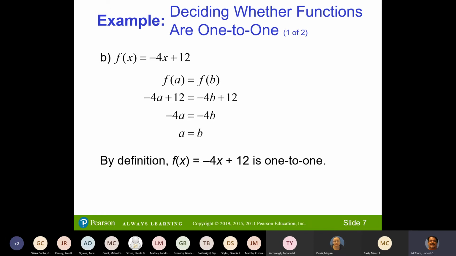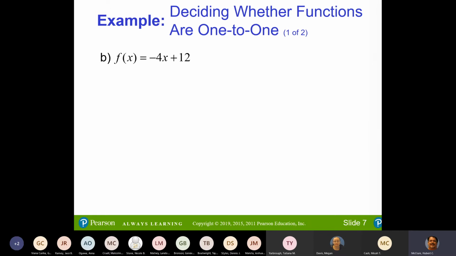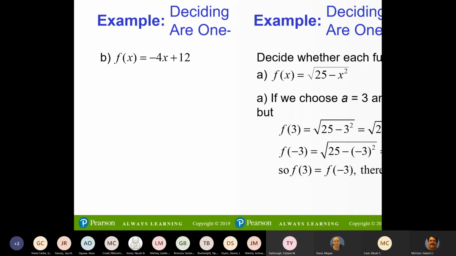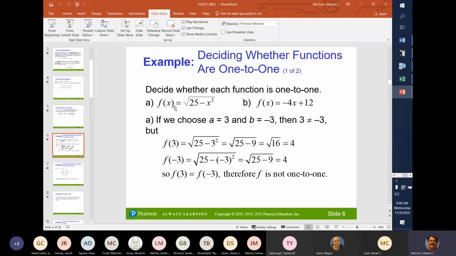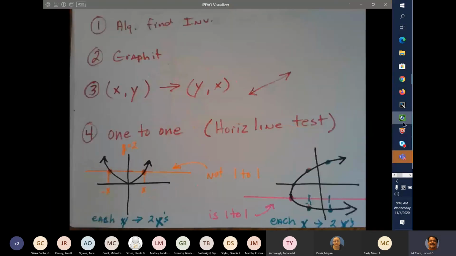Now, what are they doing algebraically? They're setting it equal to itself. On that first one, they choose A is equal to 3 and B is equal to negative 3. Why? Because of what I just showed you right here. Negative, positive. That's why.